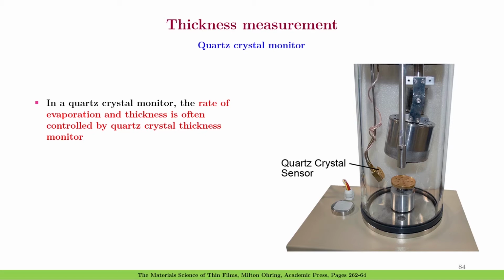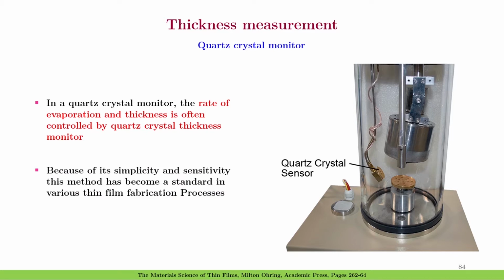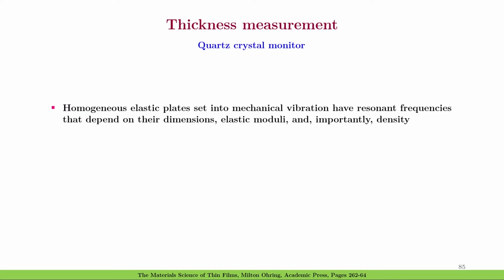The figure that you see on the right is that of a thin film coating unit inside which we have placed a quartz crystal sensor. Because of its simplicity and sensitivity, this method has become a standard in various thin film fabrication processes. Now, on to the principle behind this technique.